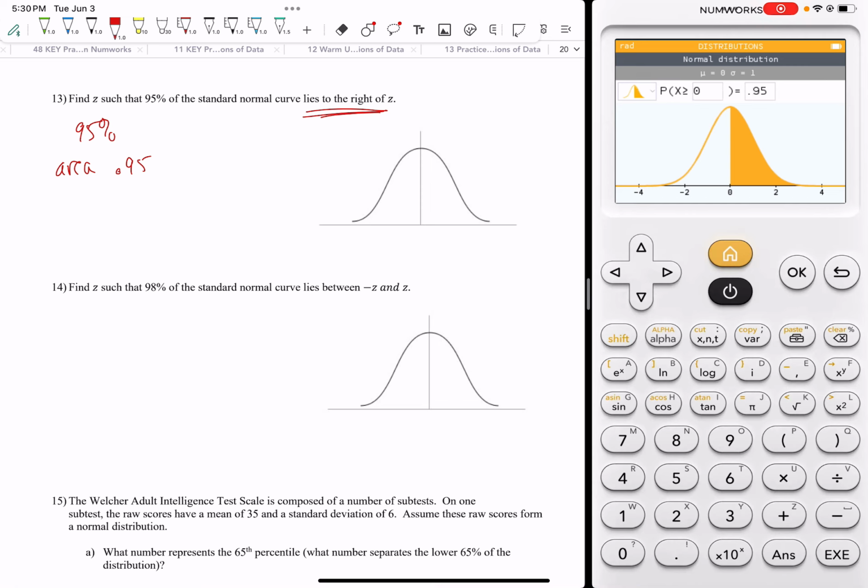So this is going to be pretty far to the left, right? Because you have almost the whole thing. So here is our marker. Here's the area. This area is 0.95, and that's the Z that we want. And we can see that our Z is negative 1.6449.